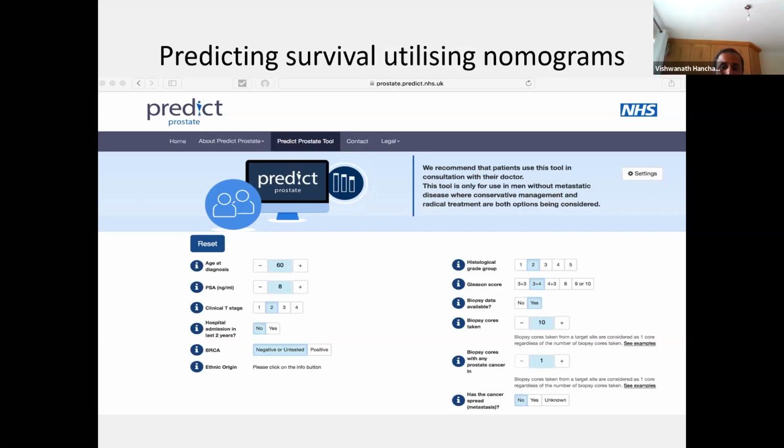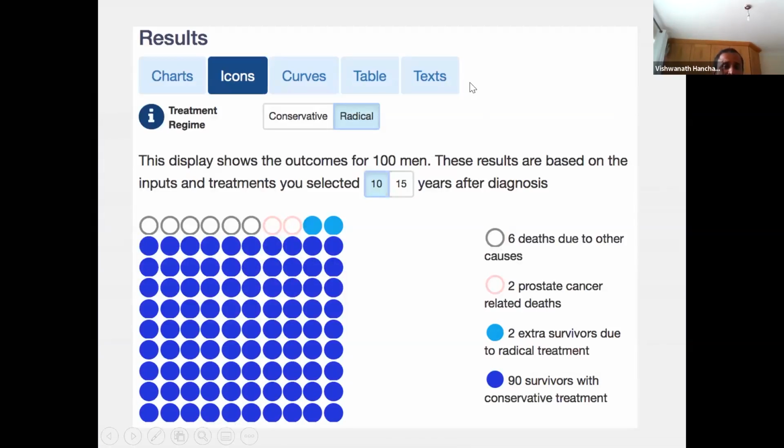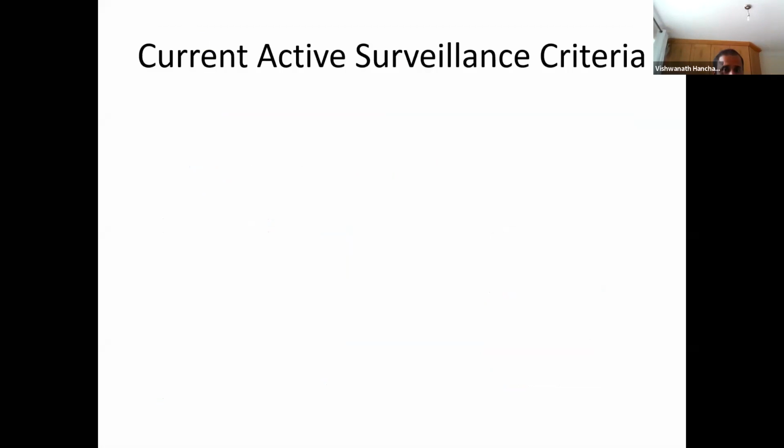And that will give you a rough guidance about what's going to happen with those 100 prostate cancer men of a similar cohort: how many will have prostate cancer related deaths, how many will have overall deaths, and how many will survive with the conservative treatment. This should give us a rough guidance before we put someone on active surveillance.